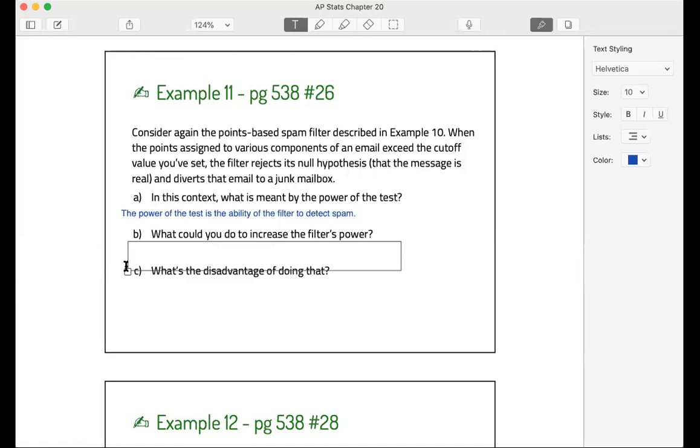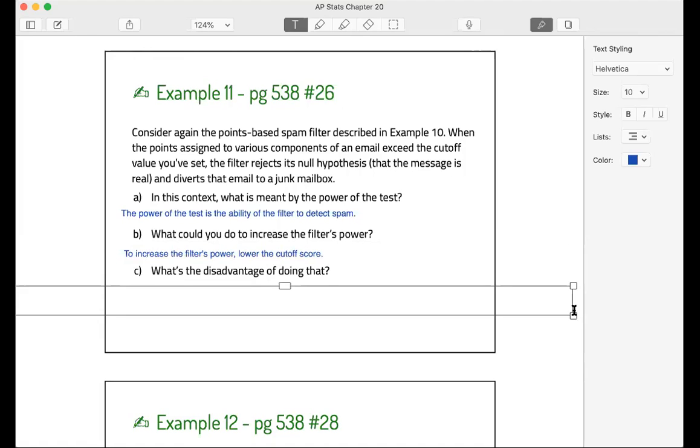All right, so I would say this. To increase the filter's power, you lower the cutoff score. What's the disadvantage of doing this?